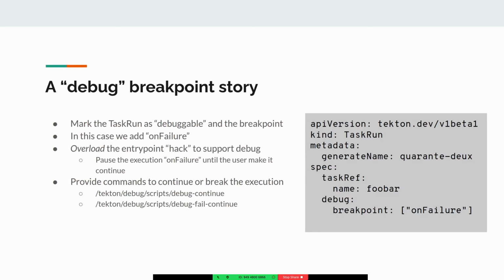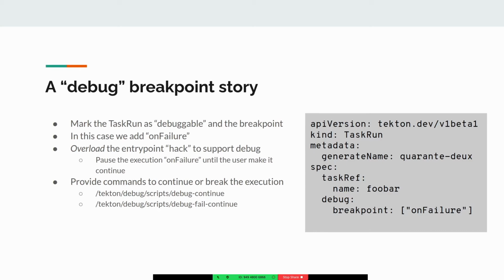For this, first of all, we mark the task run as debuggable by adding the debug spec, and also adding where we want the breakpoint to be. On failure here is a dynamic breakpoint, which basically stops the task run on any step that fails. So however many steps fail, the step would be paused at that point, and the user can gain access to the environment of the step at that point.